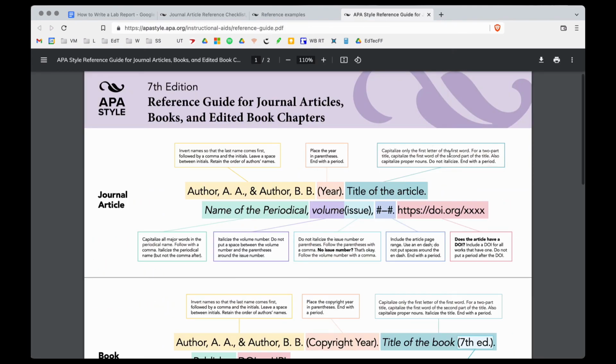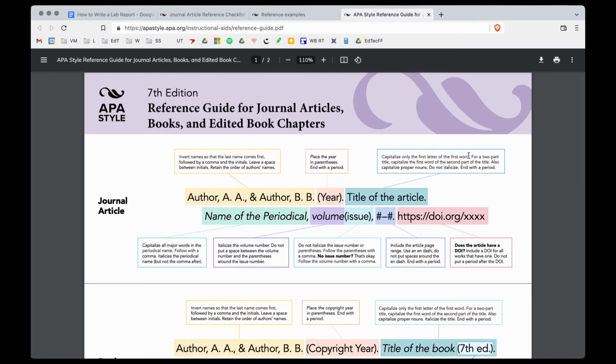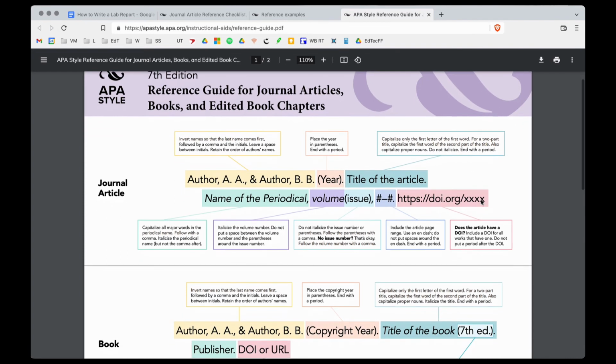Here we go. We are currently in the APA 7th edition. So the APA 7th edition has a bunch of cheat sheets on how to do this. This cheat sheet, I promise you, is going to be good for several years. But if there's ever an 8th edition, which there will be, they'll probably have a cheat sheet for that. So I'm going to show you how you should do this.